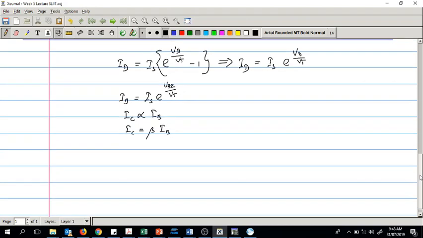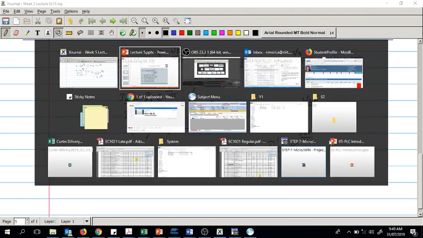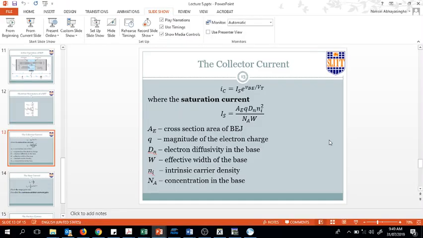With all these, we can write IC equals beta Is e to the power VBE over Vt. Now let us label this as some other Is, let's say Is dash, e to the power VBE over Vt, right? That is what that relationship is.